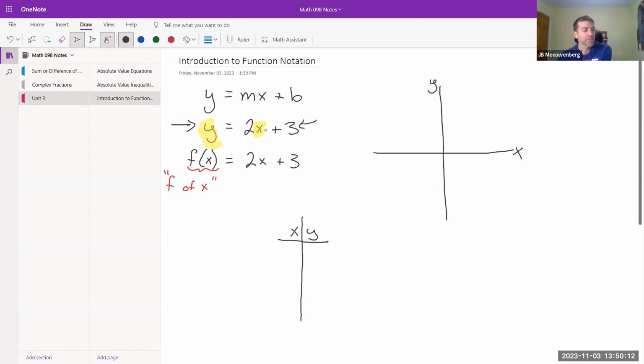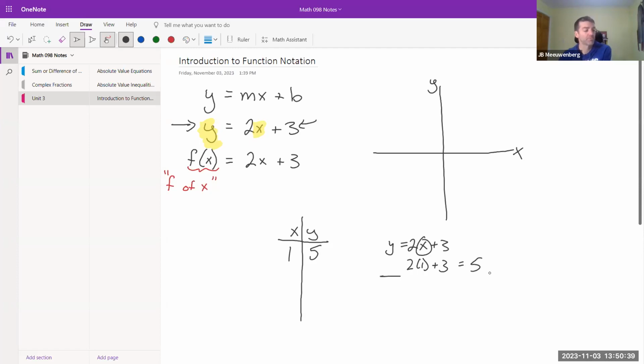Great. So let's pretend that our x value is 1. And we use this equation, y equals 2x plus 3. We're going to stick a 1 right there and calculate the y. 2 times 1 plus 3 is 2 plus 3, which is 5. So if we put a 1 in, our y is equal to 5. We get a 5 out.